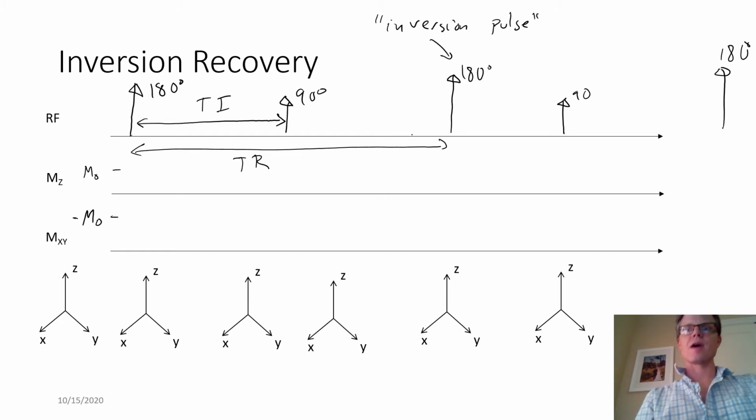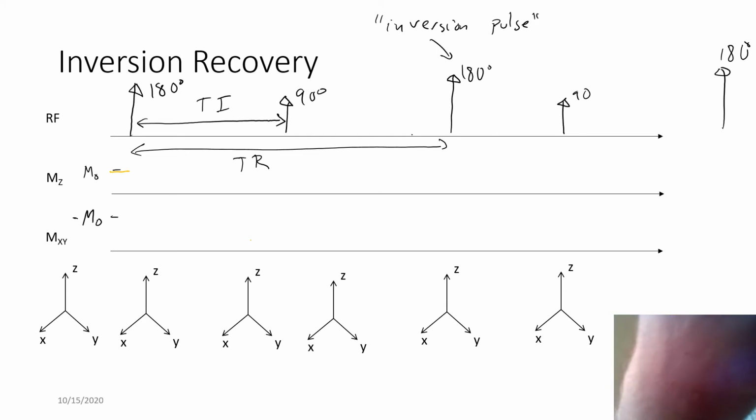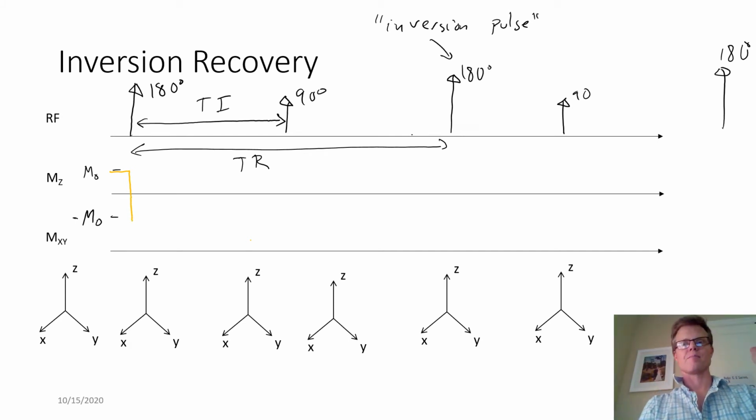The reason for that is they're going to take the net magnetization, which is pointing positive along the z-axis, and rotate it 180 degrees, so it's pointing negative, or inverted, along the z-axis. In our plot of Mz here, that means we're going to go from starting at equilibrium, positive along Mz, to 180 degrees flipped around, pointing negative.